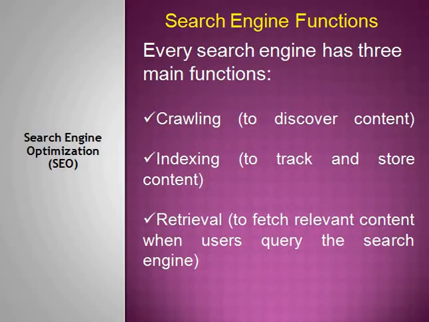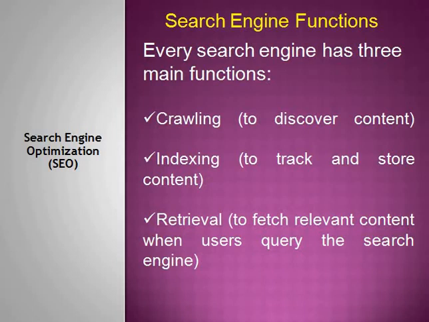They search for new information on the internet, and a variety of content formats are being uploaded. We also call these crawlers spiders, or bots. So these programs are finding new information.